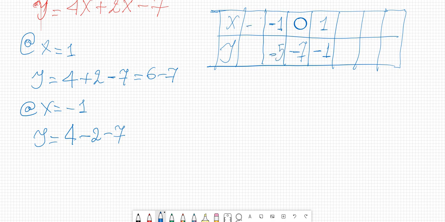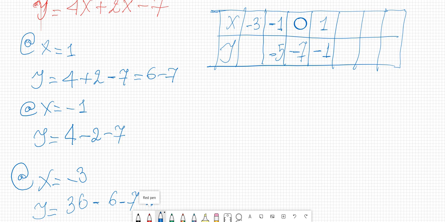If we put x as negative 3, y will equal 4 times 9, which is 36, minus 6 minus 7, so it equals 30 minus 7, which is 23.